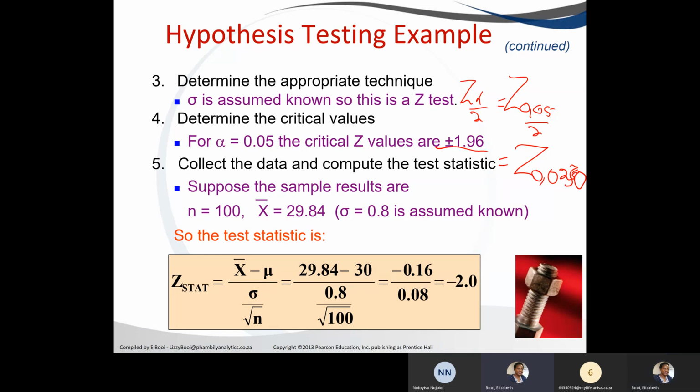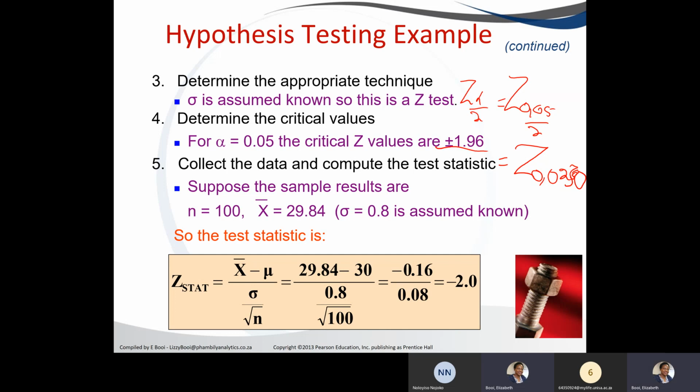Solving the top, 29.84 minus 30, we get minus 0.16. For the bottom, 0.8 divided by the square root of 100, we get 0.08. And this gives us minus 2, which is our Z test statistic.